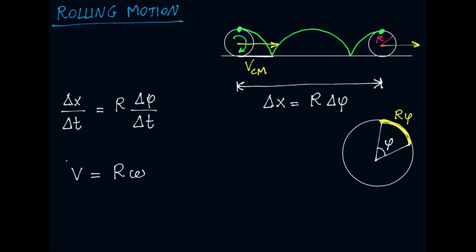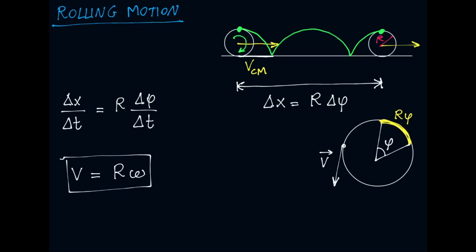Which is maybe unsurprising, and you've seen this before, but notice that the situation we encountered this formula before was when we were studying uniform circular motion, and we were asking, okay, what is the velocity of a point on the edge of the circle, on a circumference?